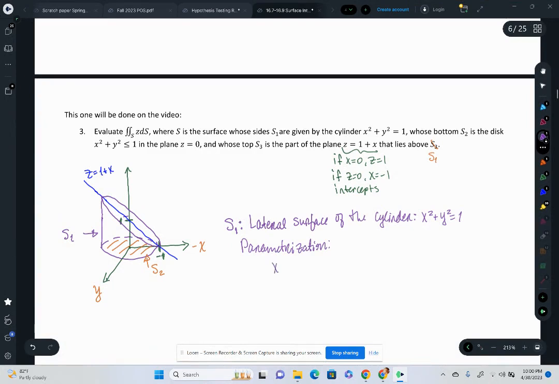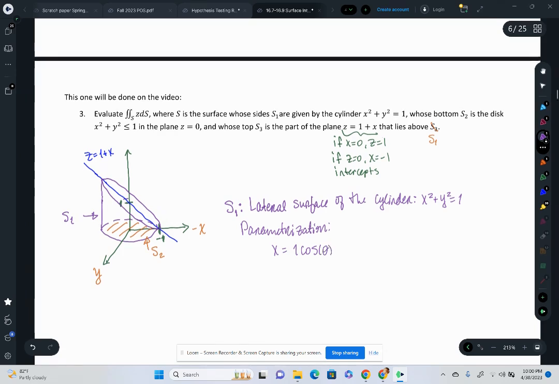We could say x is going to equal 1 cosine of theta, and I say 1 because it's a unit circle. Y is going to equal 1 sine of theta. Z is not involved in that equation of the cylinder, so Z just gets to hang out and be Z.